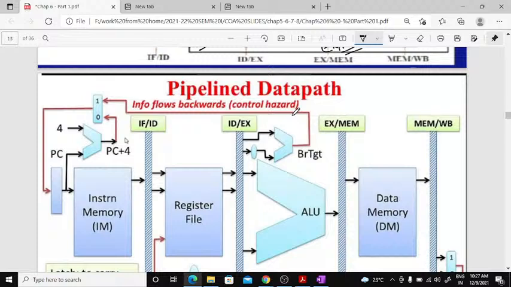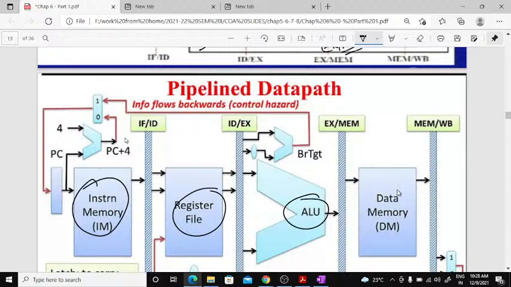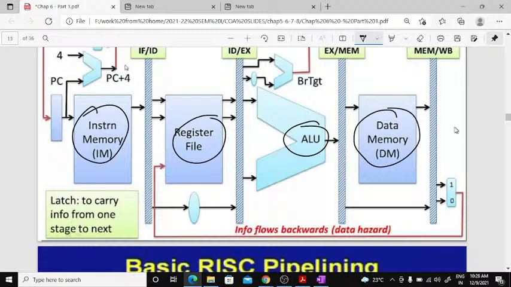So in the pipeline, the data path is the same diagram, represented in this way: instruction memory, register files, ALU operation, data memory, and write the registers. Okay.